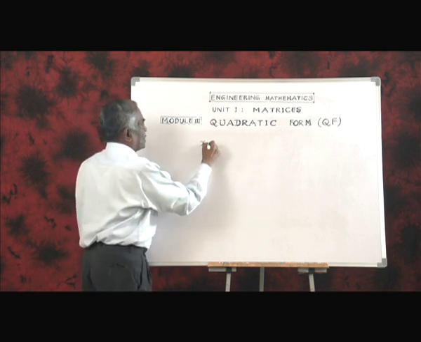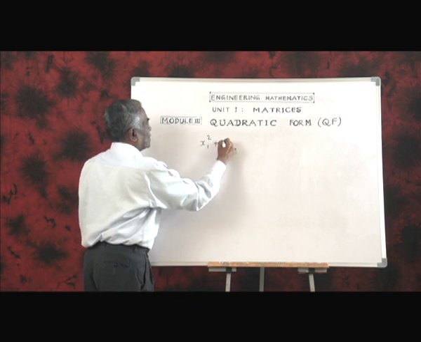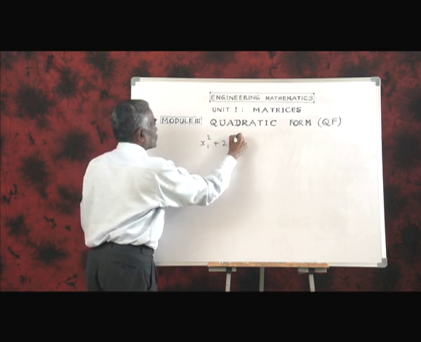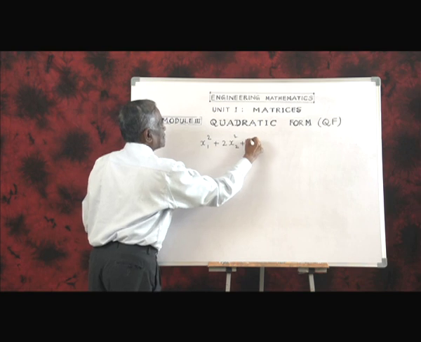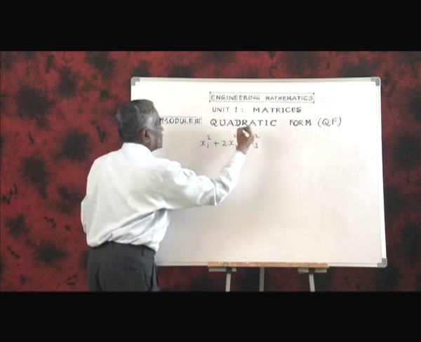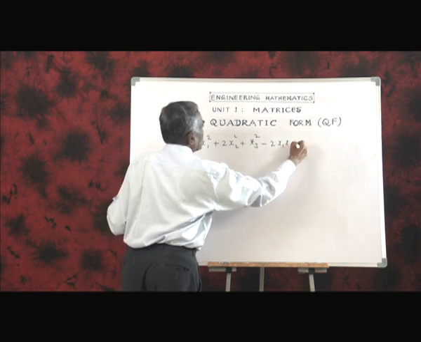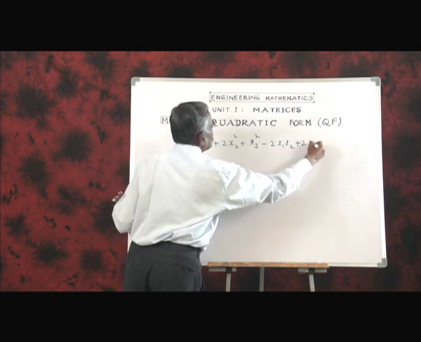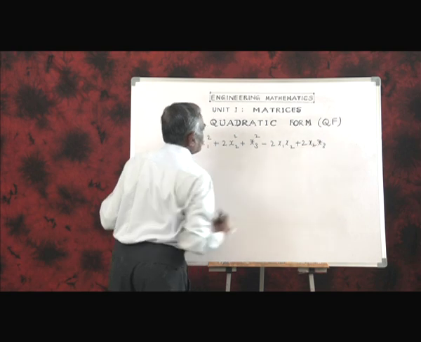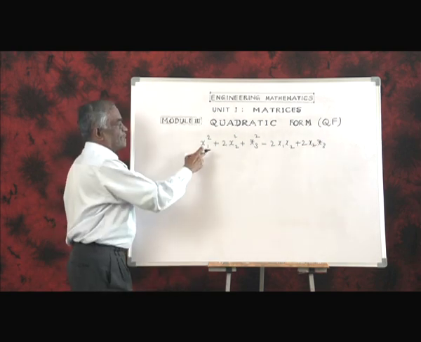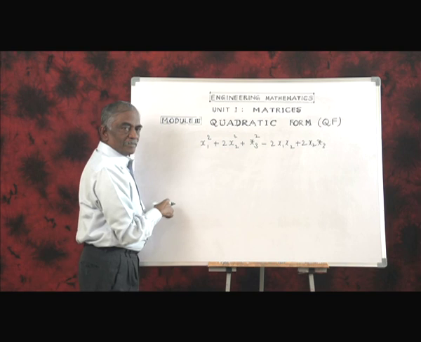For example, x1 square plus 2x2 square plus x3 square minus 2x1 x2 plus 2x2 x3. There are three variables x1, x2, x3.